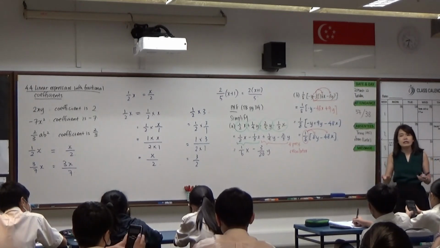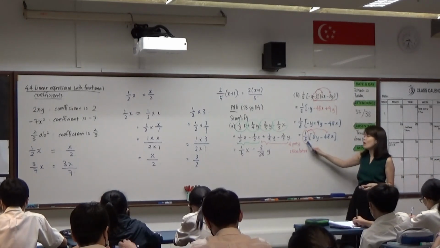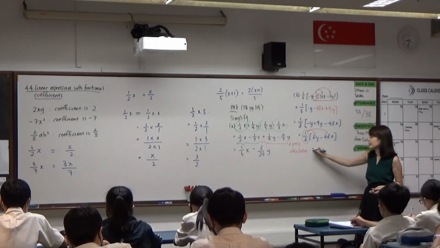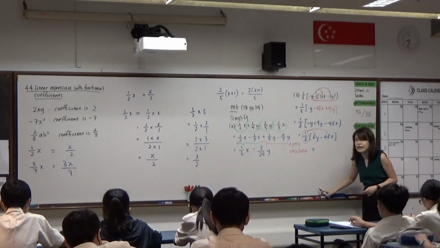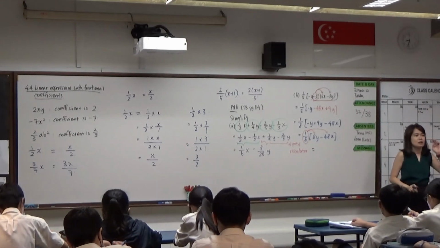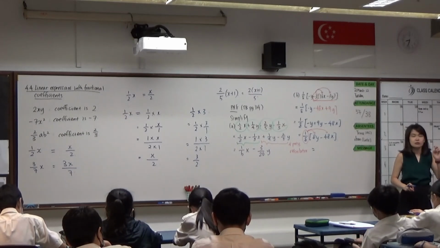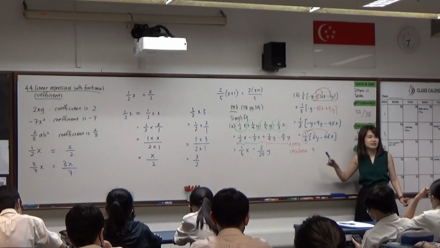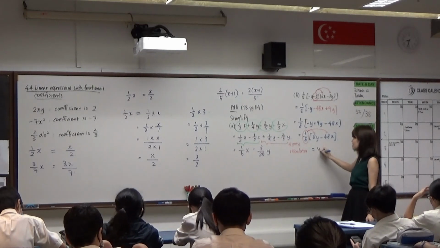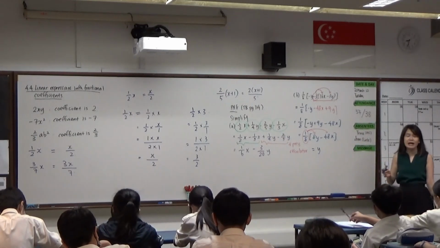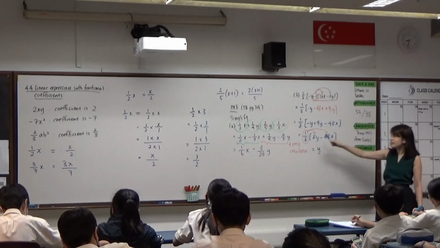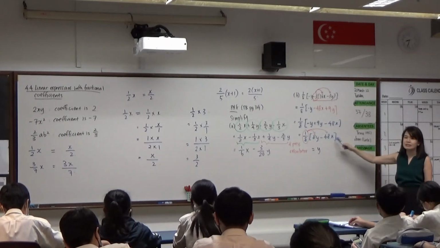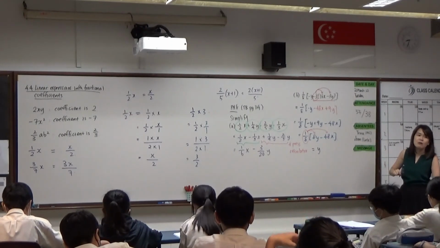Again, use your calculator, please. Taking 1 over 8 times 8y, what will we get? 1 over 8 times 8 is 1, so it's 1y, but we don't need to write the 1. Then after that, 1 over 8 times negative 48x, what will we get?